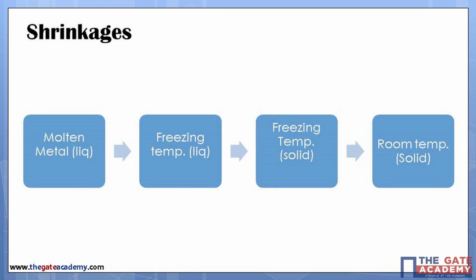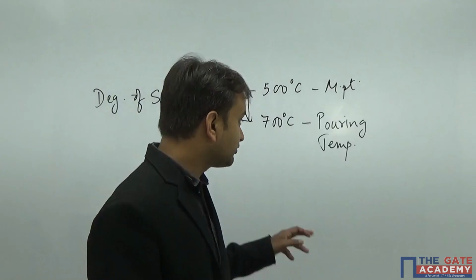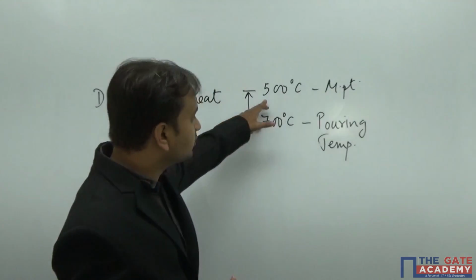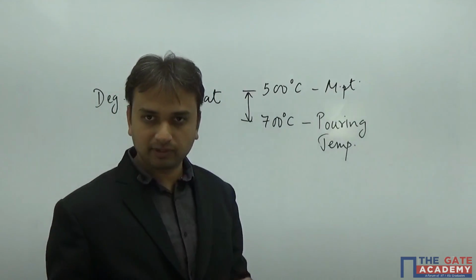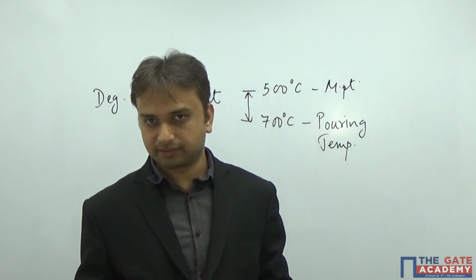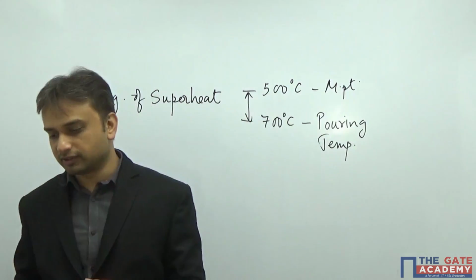So you can see that molten metal cools down to freezing temperature, that too in liquid state. That means from 700 degrees Celsius, it is rejecting heat and cooling down to 500 degrees Celsius. Got the point? Let us call this the first stage of solidification.